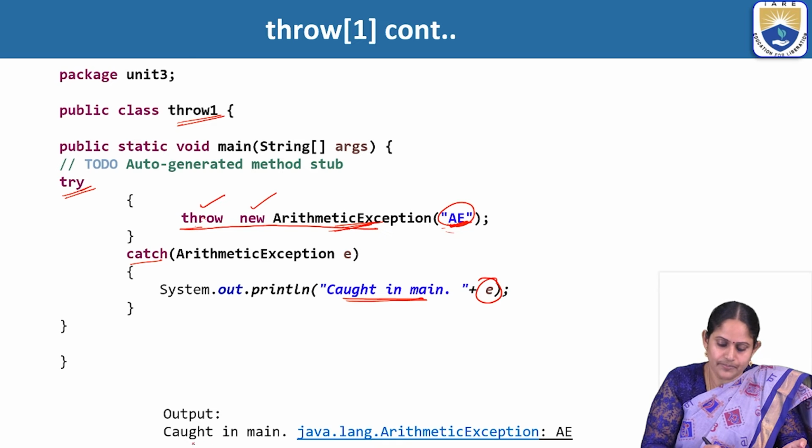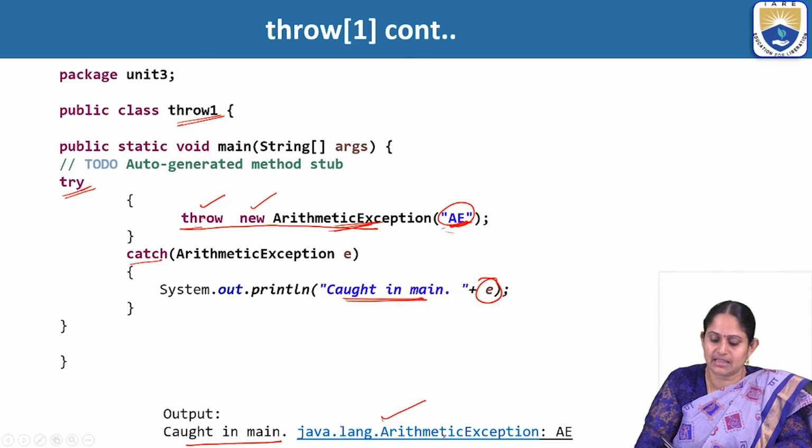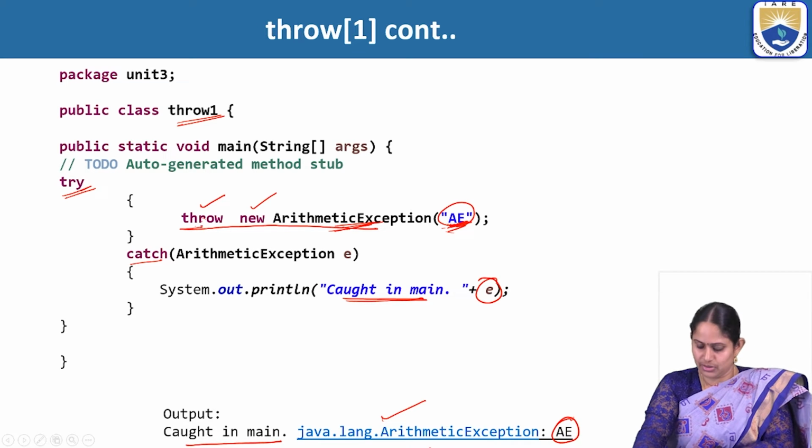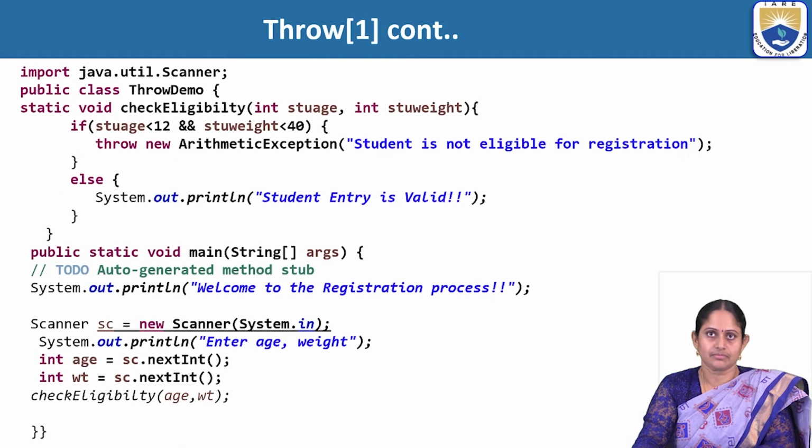It is the arithmetic exception being thrown, and our message was A. Whatever was given here, that message will be displayed. So here we are making use of the throw keyword to manually throw an exception.